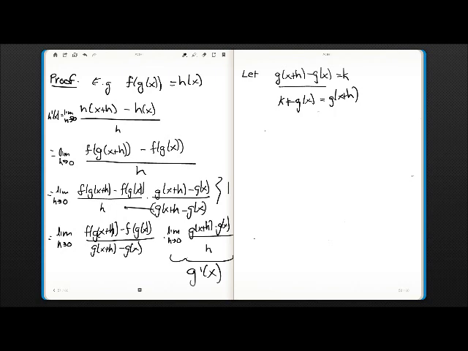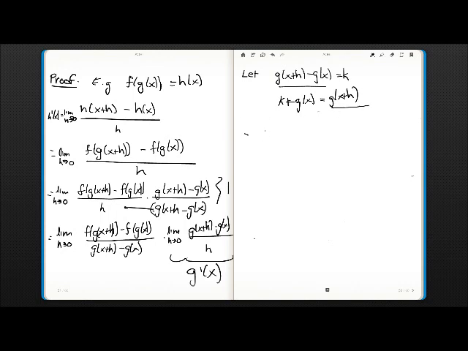In this case, this is kind of messy, so let g of x plus h minus g of x equal k. So we can replace this denominator with the k, and we can rearrange this, and we'll get k plus g of x equals g of x plus h. Therefore we can replace g of x plus h with k plus g of x.